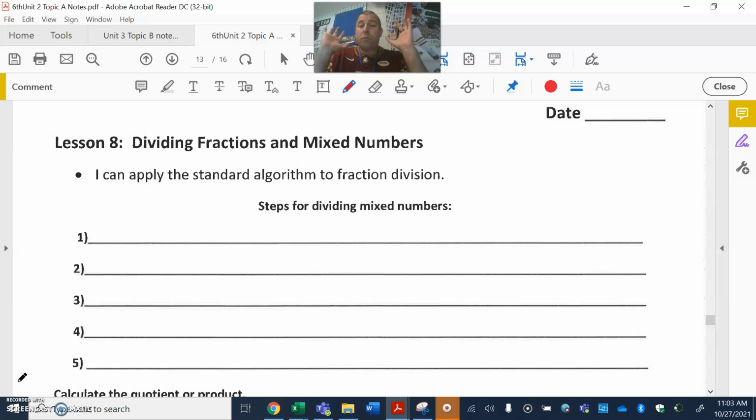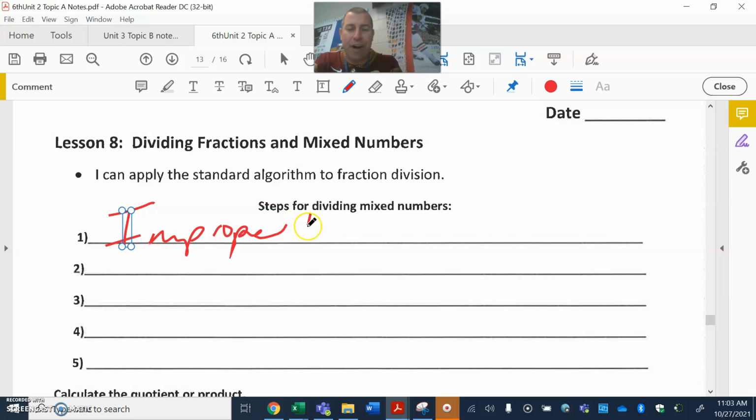So, the algorithm, the only thing that's going to change here is that first step: we're going to need improper fractions first. So this is no different than what we do with our multiplying. Again, they're very much related together. The only thing that's different is step number 2.